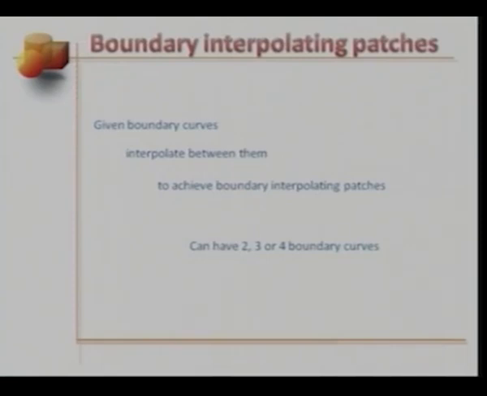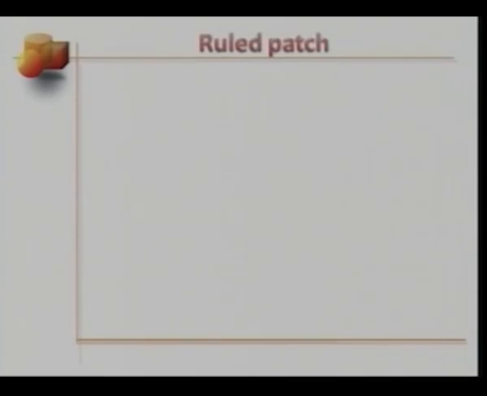So in a way, the tensor product patches and the boundary interpolating patches are interrelated. One can also have slope information at the boundary curves, or what we call cross boundary tangents. I'll tell you in a little while what I mean by them. The first model, ruled patch.